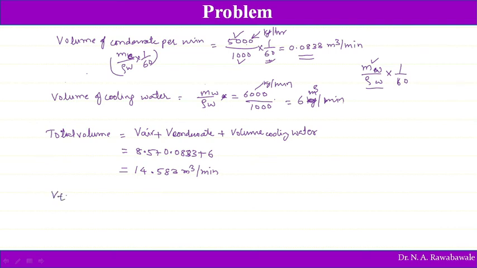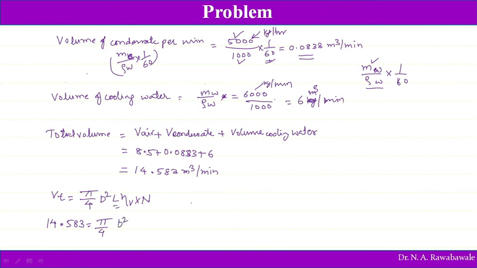Total volume of pump is given by V_t is equal to pi by 4 d square L into volumetric efficiency into speed in rpm. Here V_t is 14.583, which is equal to pi by 4 into d square.